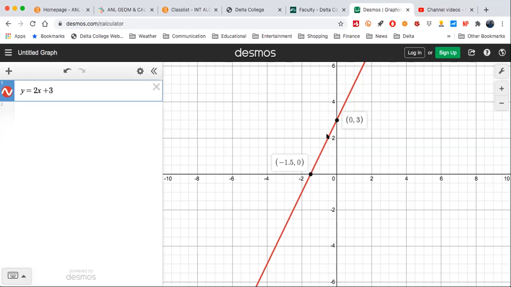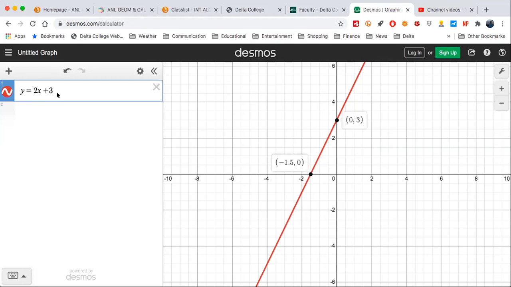And if I find more points on the line, they fit the equation exactly. So all of the points on this red line satisfy this equation, y equals 2x plus 3. If we plug in the x and the y, they match up perfectly. That's kind of what we mean by the equation of a line.